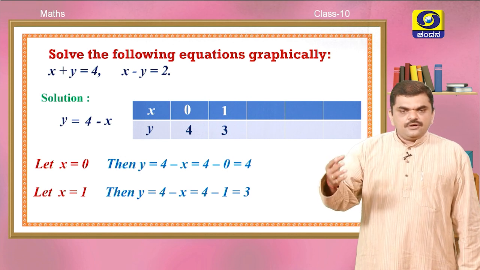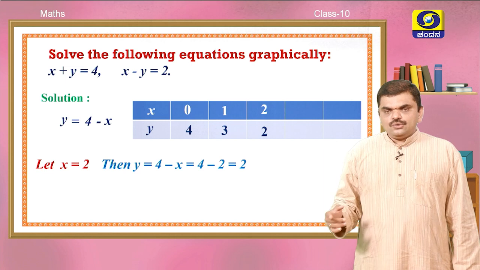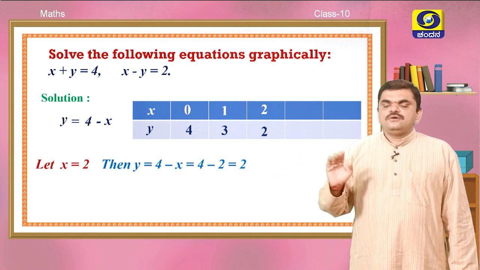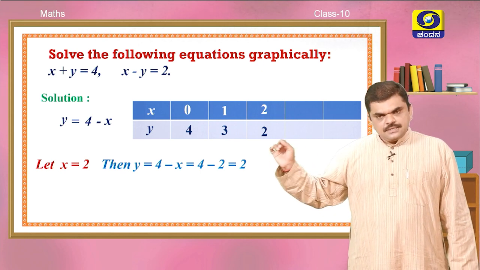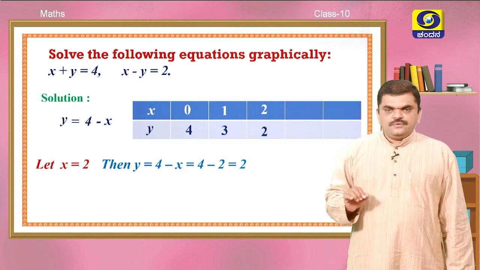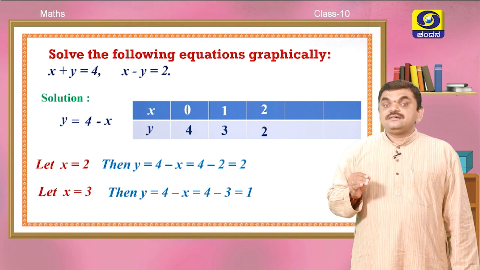Next, give the value of x as 2. Let x be equal to 2, then y becomes 4 minus x, which is 4 minus 2, that is 2. When x becomes 2, y also becomes 2, right. Next, again give the value of x as 3.